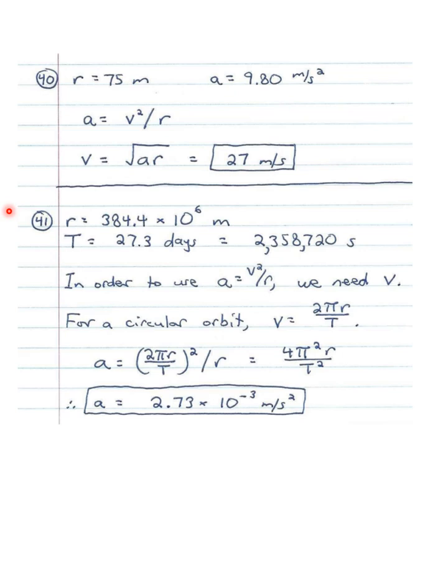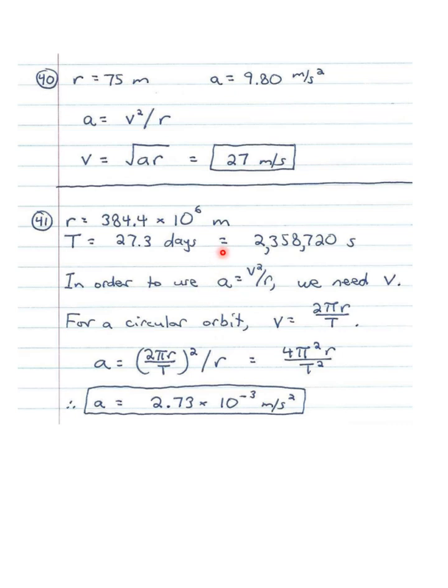Number 41, another question of circular motion, says determine the acceleration of the moon, which completes a nearly circular orbit. The radius is 384.4 megameters, and it does it in 27.3 days. So the equation we use is going to be a equals v squared over r.